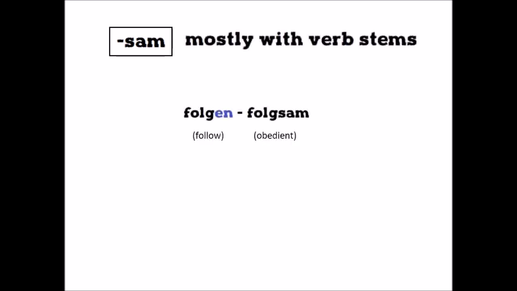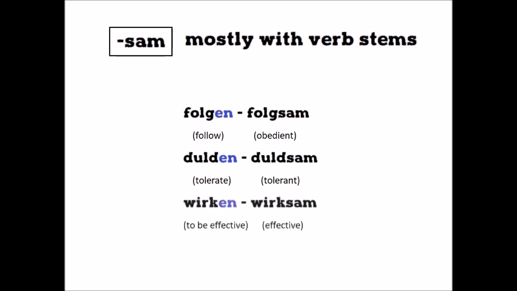Sam, mostly with verb stems. Folgen, to follow, folgsam, obedient. Dulden, to tolerate, duldsam, tolerant. Wirken, to be effective, wirksam, effective.